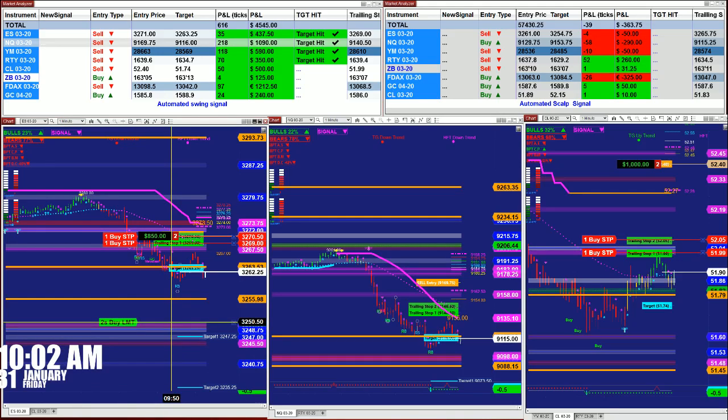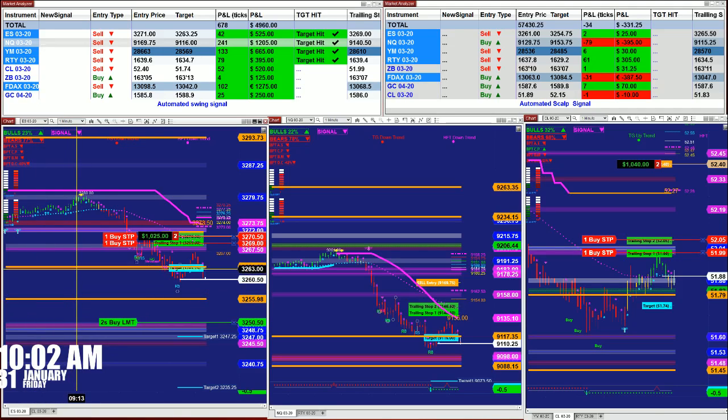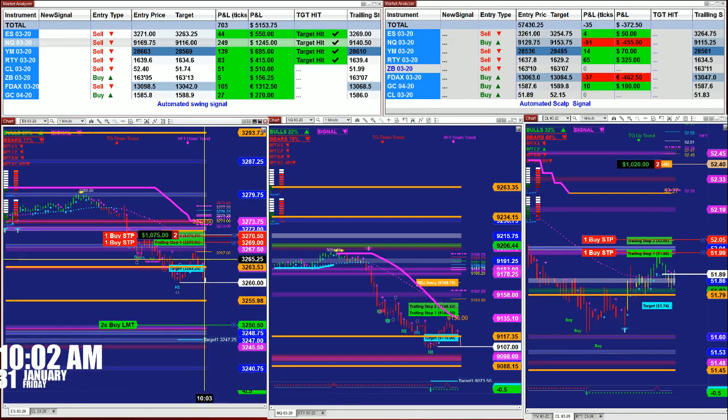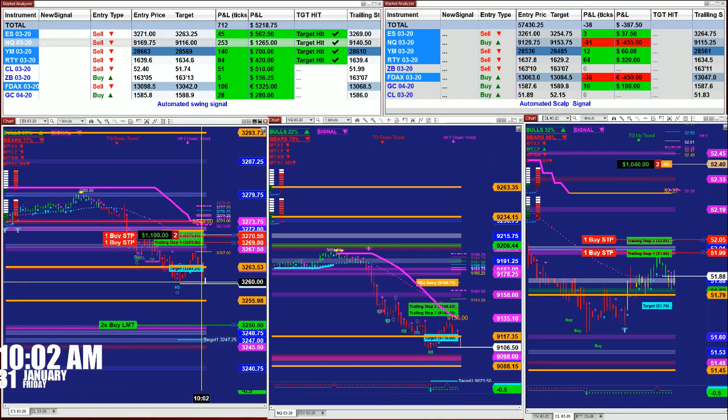So in a way, once this ES hits 32.50.50, there is no more short. There is only long. If you look at those yellow lines, and we have them on the way up, once the market goes in between those two yellow lines, there is no more long trade. And once this market, as we see here, dives in between those two yellow lines, there is no more short trade.